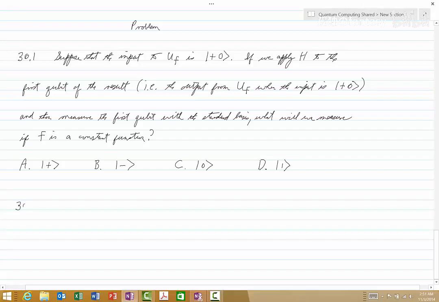And then 30.2 will say, same question, except now f of 0 is not equal to f of 1.